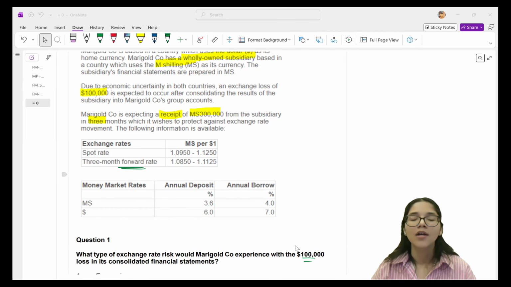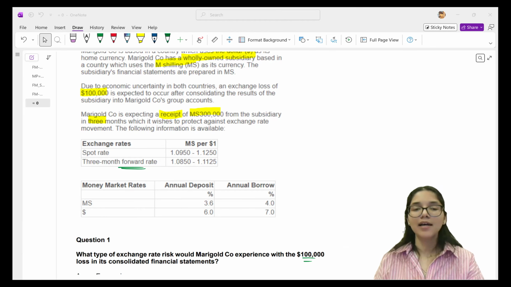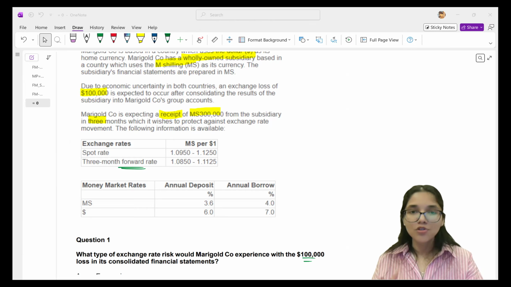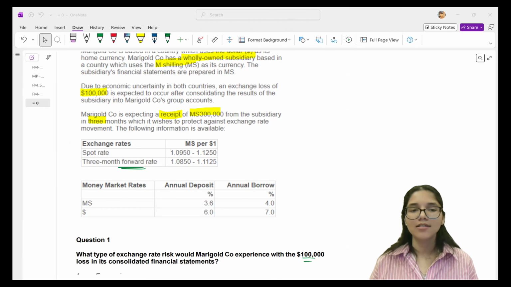Dollar is strong. So now, when this particular subsidiary is going to pay me 300,000, they are going to pay me 300,000 of the weak currency. So when I convert weak currency into strong currency, will I get more dollars or lesser dollars?